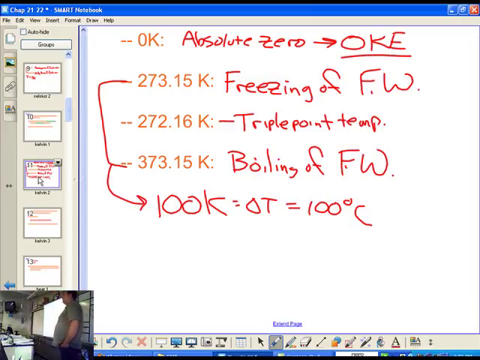Remember, these things are developed over time. Kelvin is after Celsius. So Fahrenheit, you have, and even before Fahrenheit, there was another scale by a guy named Romer, and there might have been something that Romer based his scale on.